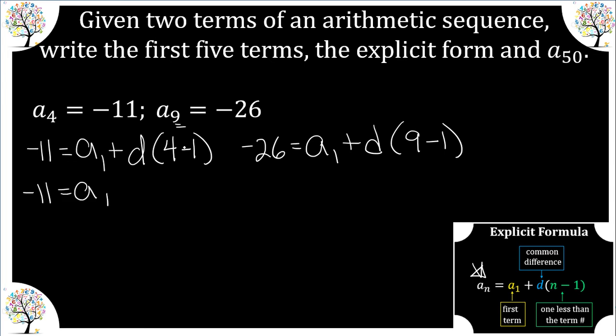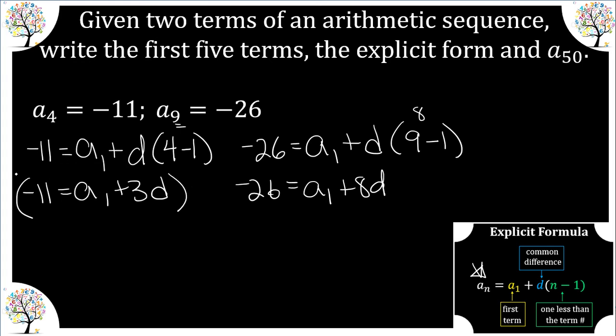4 minus 1 is 3. 3 times d is 3d. 9 minus 1 is 8. 8 times d is 8d. So now we have these 2 equations, and we can use elimination. I am going to eliminate the a sub 1's simply by multiplying one of the equations by negative 1.